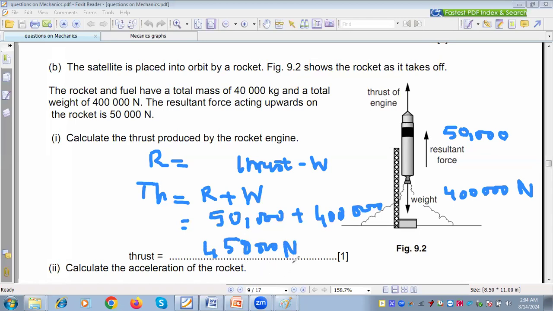So calculate the acceleration. Acceleration will be the resultant force: a equals F over m. F is 50,000 divided by the mass, 40,000.